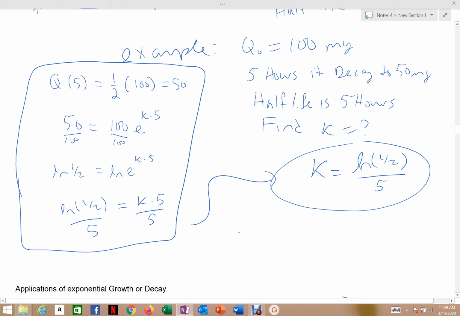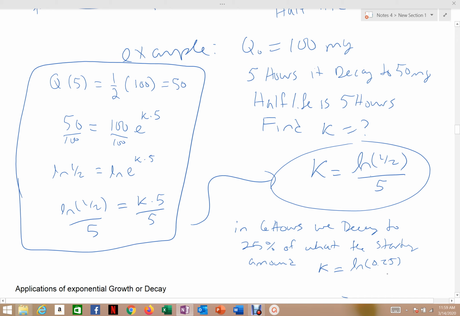If we decay to 0.25, or 25% of what we started with in 6 hours, then to find k, it would be the natural log of the quarter, 0.25 or 1/4, divided by 6, and that would give me my decay constant.